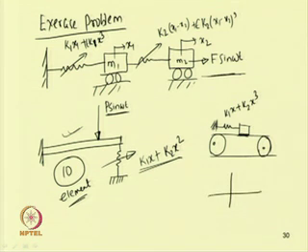So, in case of the Coulomb damping, it depends on the velocity. So, if one plots this x dot, this is equal to f. So, this will be plus mu n and this is minus mu n, where n, let this mass be m.